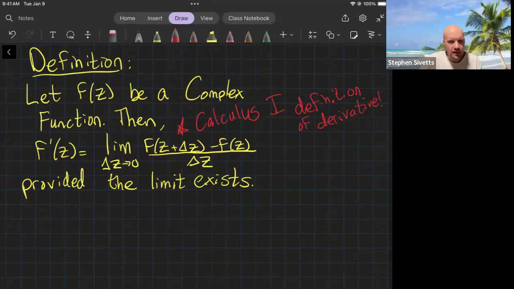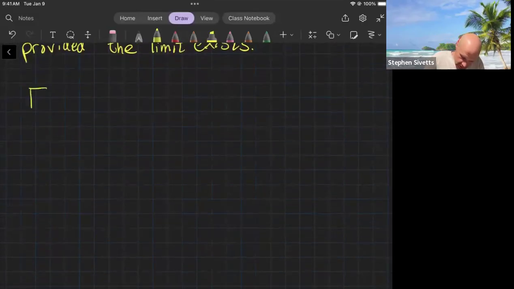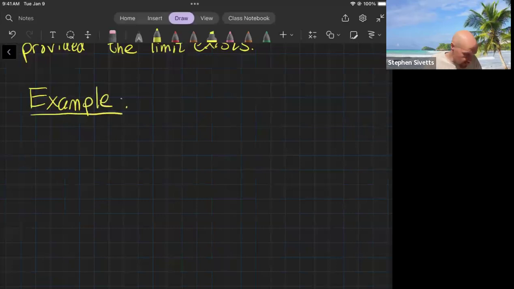To use this definition to evaluate derivatives of functions, it's pretty straightforward.